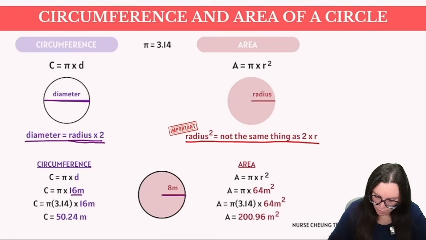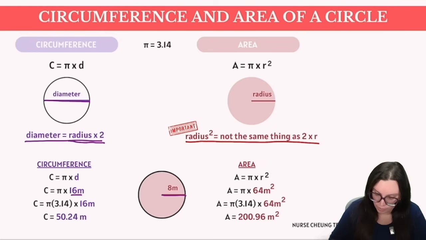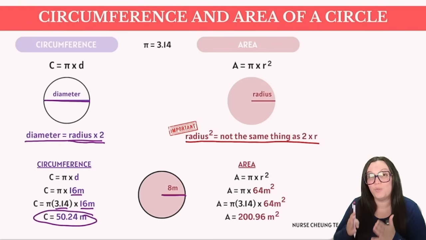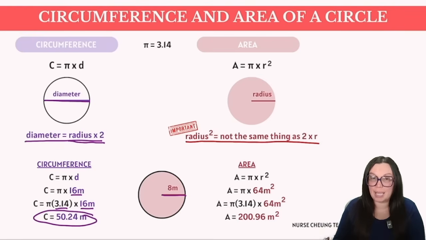We're going to plug that into our equation. Pi is just a fancy way of saying 3.14 when it comes to your TEAS, so you can automatically use pi as 3.14. We multiply that by 16, and that gives us the circumference of this circle as 50.24 meters.